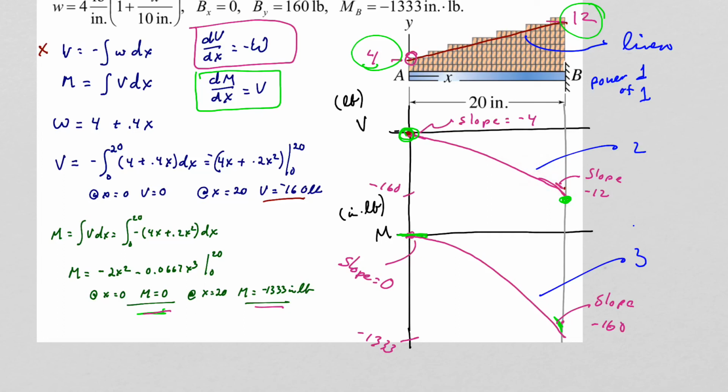Likewise, the slope of the moment curve can be determined by the shear curve. So the shear at x equals 0 is 0. That value is 0, so this slope is 0. The value at the very end is this negative 160, which is this value down here. And those slopes will tell us the shape of that curve.